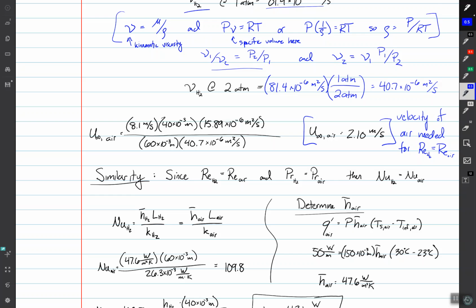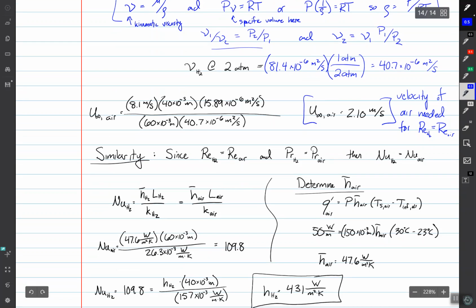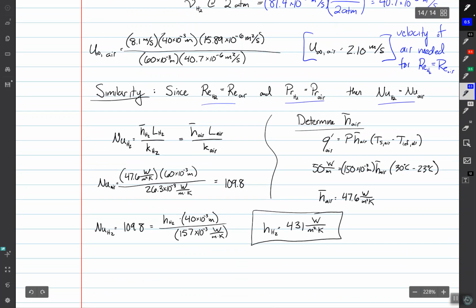What similarity says is, since these are the same and these are the same, then these must also be the same. That's what we're doing down here.